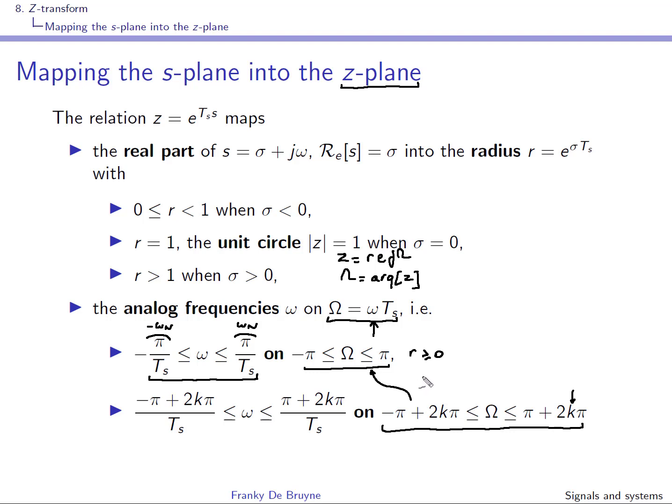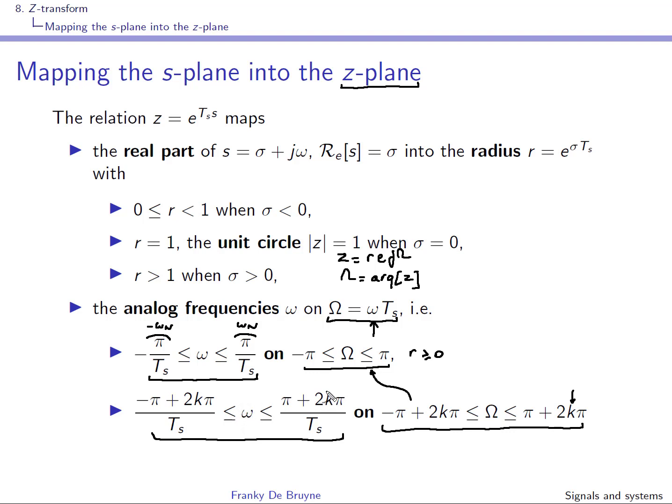If we now look at the equivalent analog frequencies, and looking at this equation, we have to divide by Ts, and we find the corresponding interval for the analog frequencies.